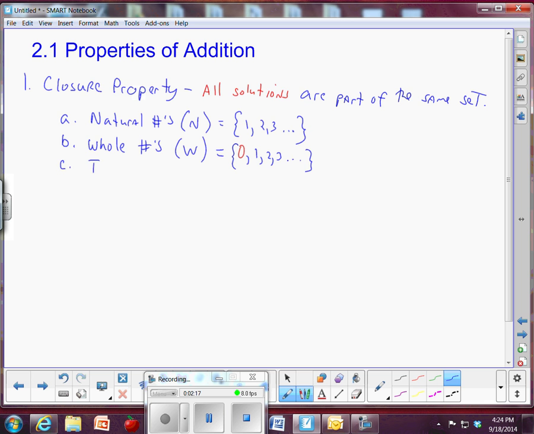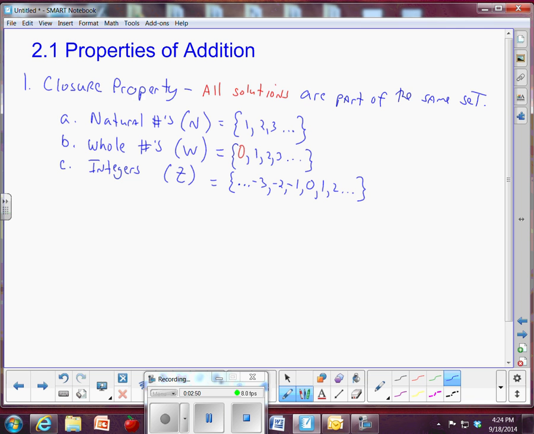Then from there you go to integers. Integers are Z. Z is the symbol for integers. Now we add all the negative numbers. So dot, dot, dot, we're going to go -3, -2, -1, 0, 1, 2, dot, dot, dot.